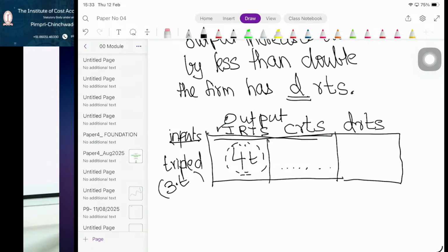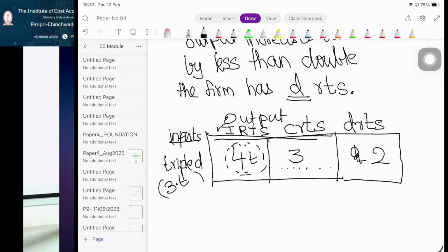If inputs increase 3 times, by how much does output increase so that we can say the firm has constant returns to scale? 3, correct. So this also should be 3. And choose a number for decreasing returns to scale. Yes, any number more than 1, but it should be less than 3. So if you say 2, it's perfectly fine.